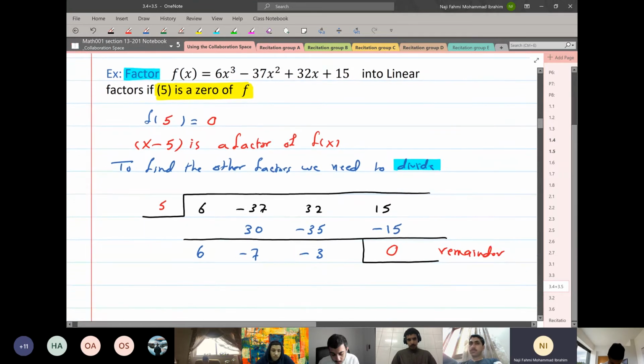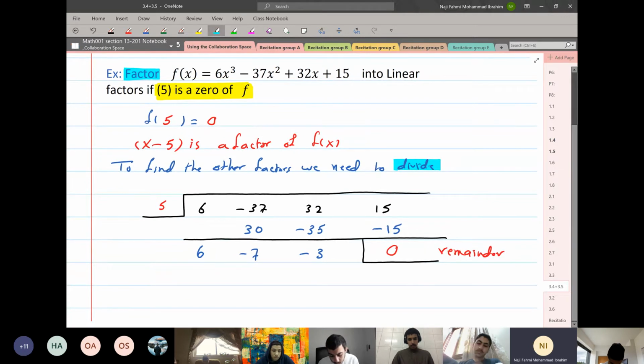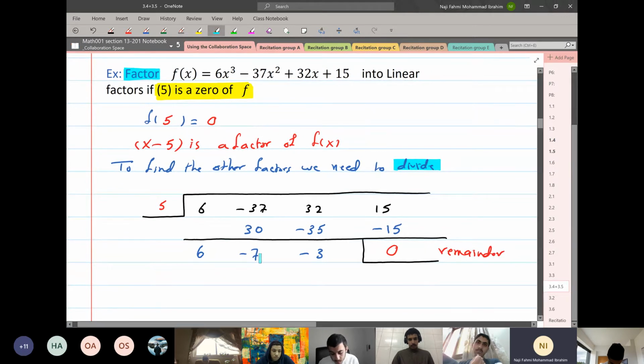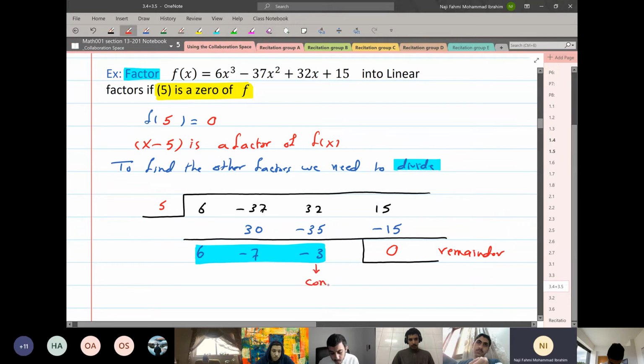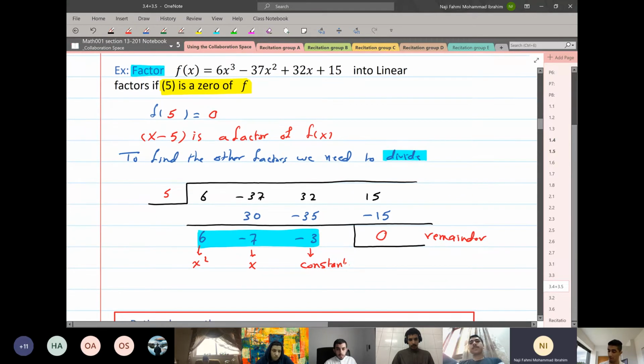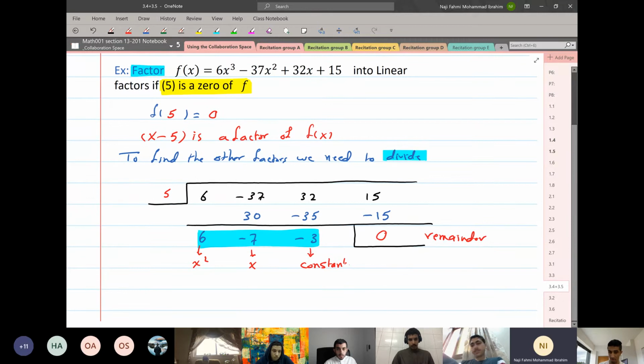So can I say that x minus 5 is a factor? Now this thing, you see this thing, Shabab, what's this? Remember the numbers here? We said the -3 was the constant term, and the -7 is the coefficient of x, and the 6 is the coefficient of x squared. So can I write my function in this form now?